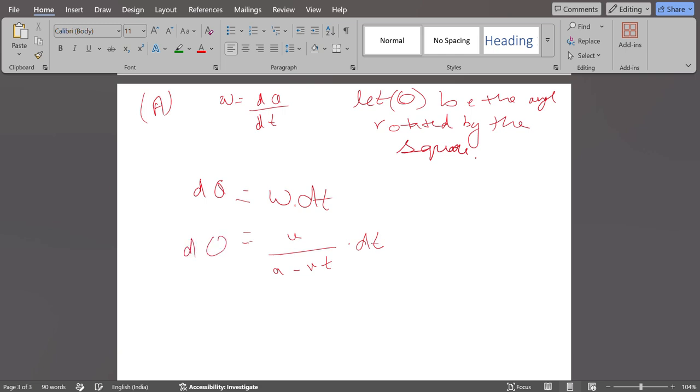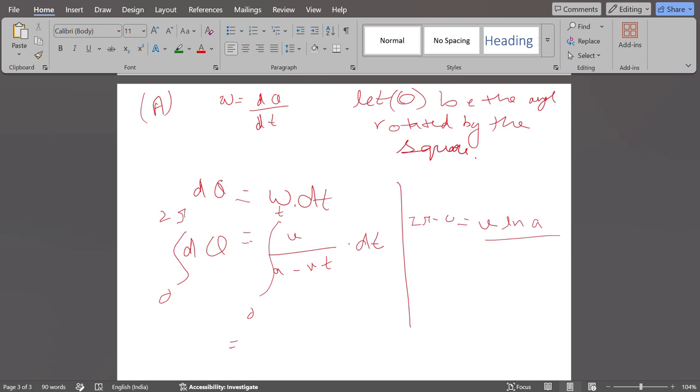Let's integrate it from 0 to 2 pi and the time from 0 to t. So it would be upper limit minus lower limit, 2 pi minus 0. For the right side it would be natural logarithm. V will be taken out.